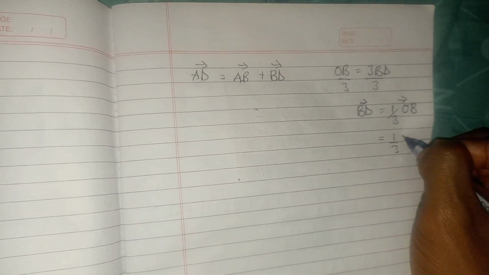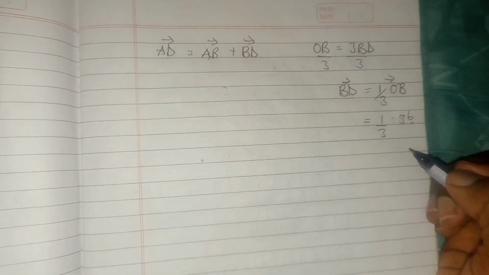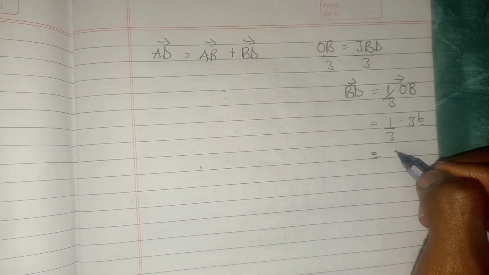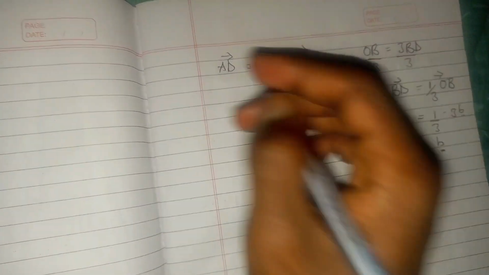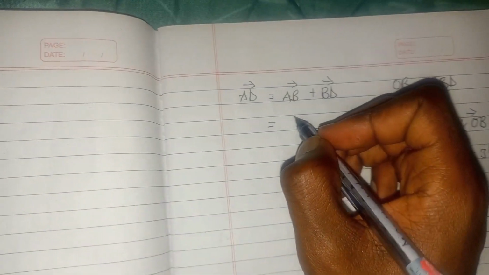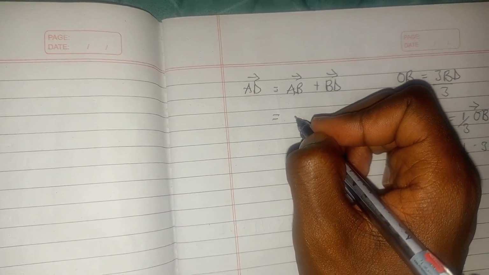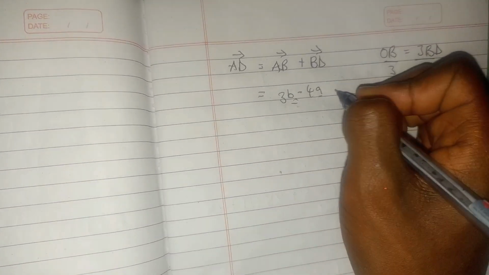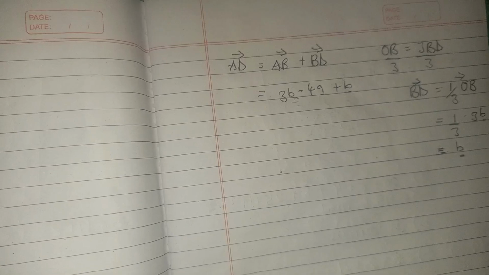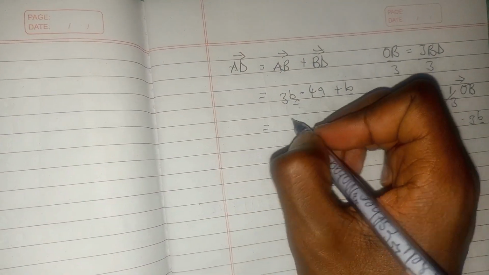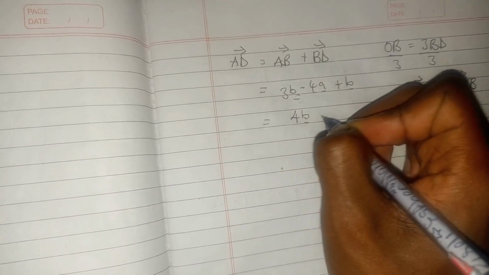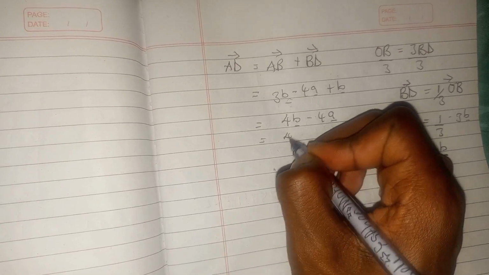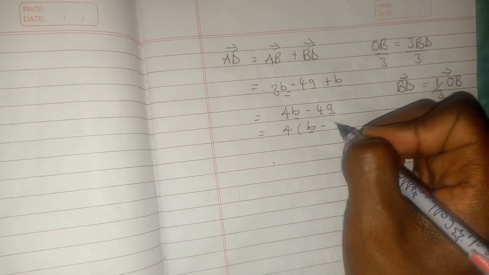So a third of 3B, therefore this BD is going to give us B. So we have here AB, which is represented by 3B minus 4A, and then we also have plus B. So this is going to give us 4B minus 4A. Or if we want, we can factor out the 4 and say 4 times B minus A.